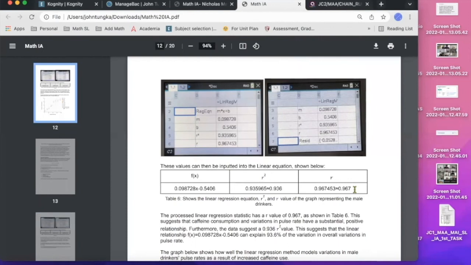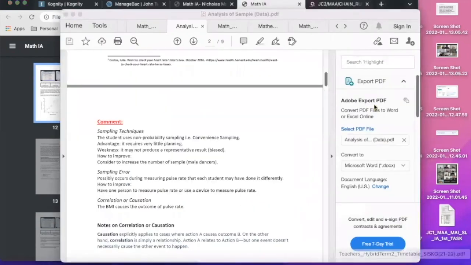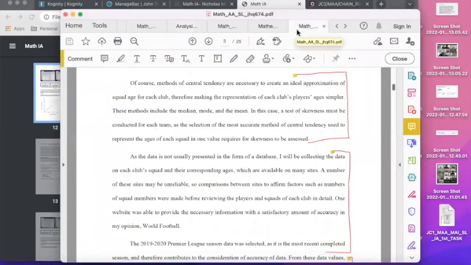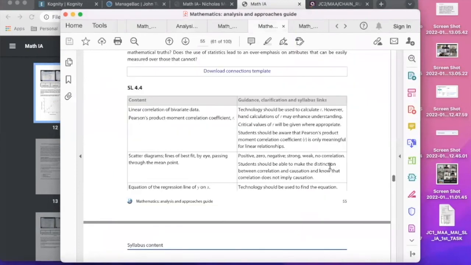Yes. Okay. Now let's take a look at our syllabus. This is linear correlation of bivariate data. Bivariate means x and y variable, two variables.